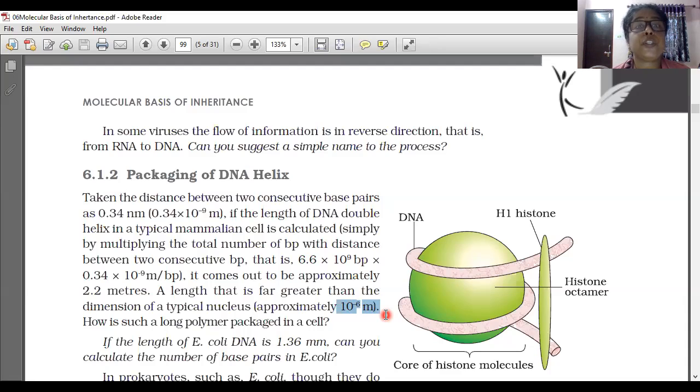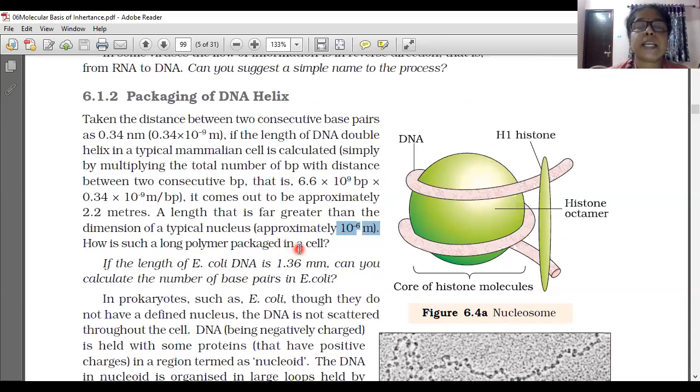So first it should be packaged, and only then can this 2.2 meter DNA double helix be accommodated inside the nucleus, which has a dimension of 10^-6 meter. How is such a long polymer packaged in the cell? That is what we are going to learn. How DNA is packaged inside the nucleus.